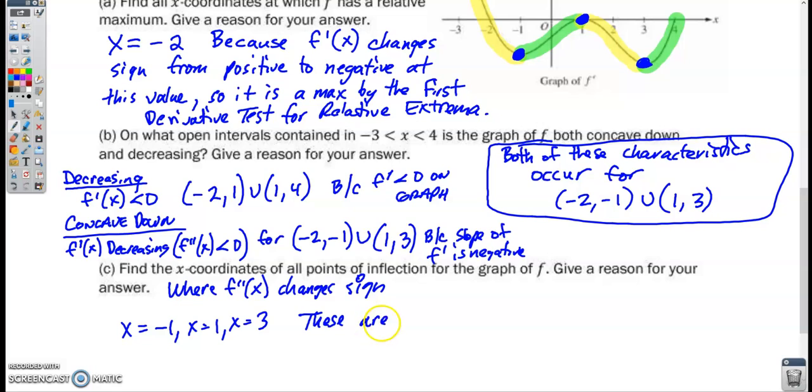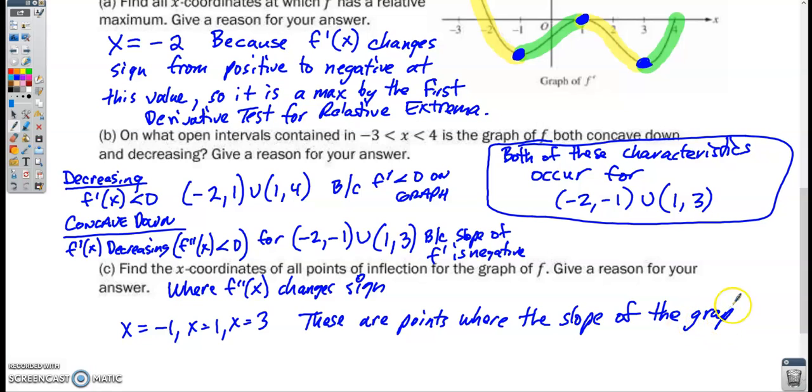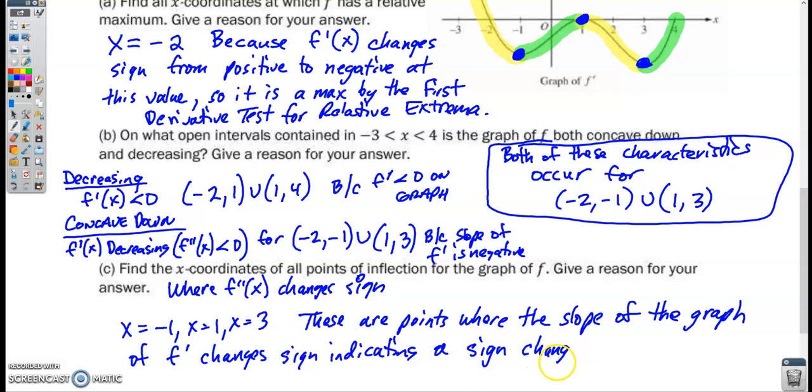These are points where the slope of the graph of f prime changes sign, indicating a sign change for f double prime, since f double prime is the slope of the graph of f prime.